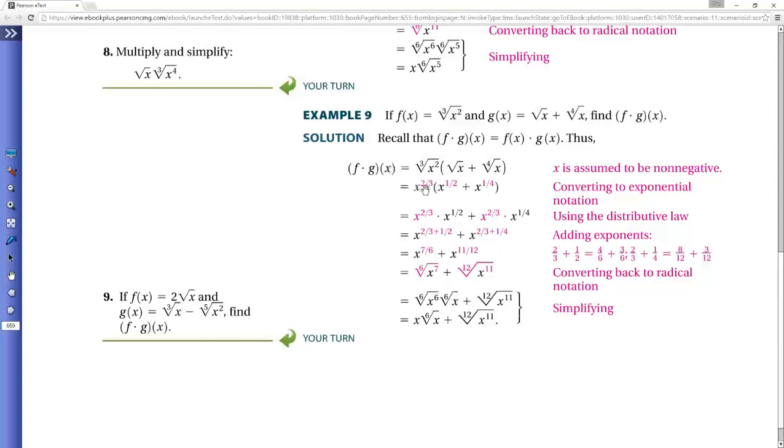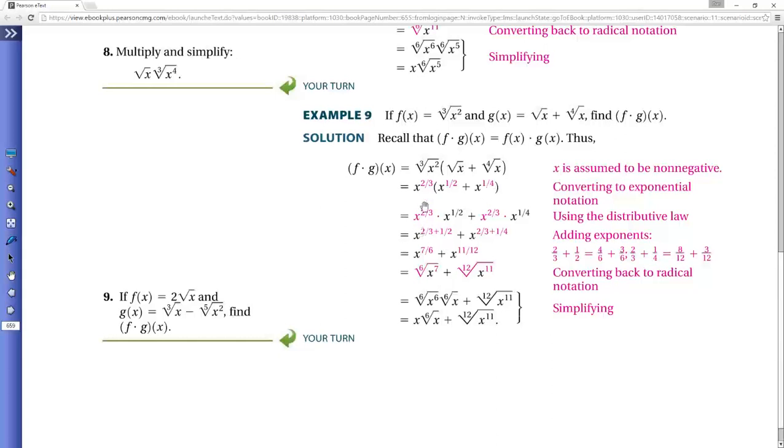Well, we end up with this multiplication we need to distribute. Before they do that, they convert it to exponents. So the cube root of x squared is x to the 2/3 power. The square root of x is x to the 1/2, plus this fourth root, which is x to the 1/4 power.